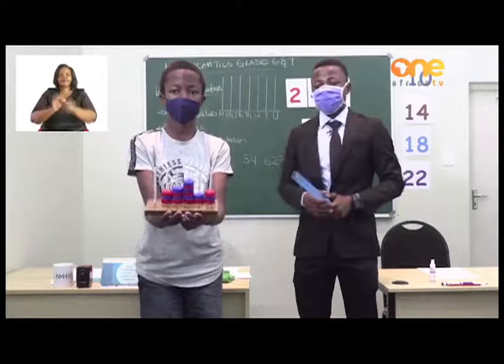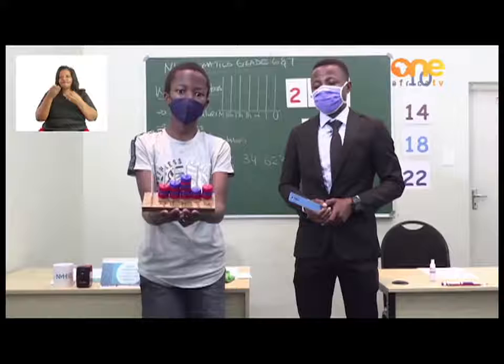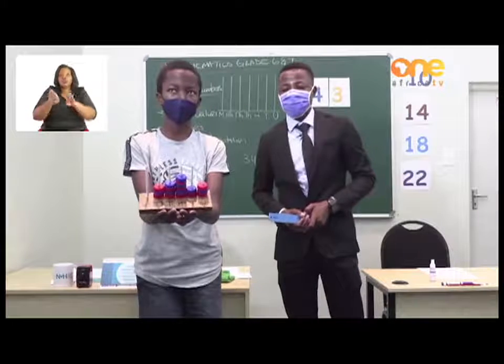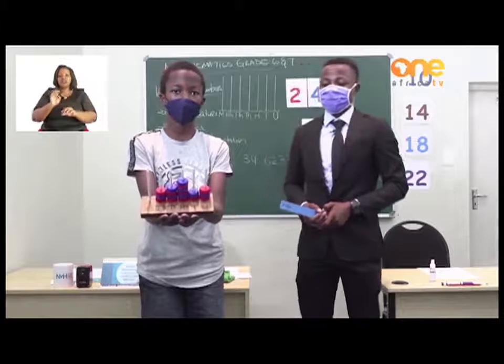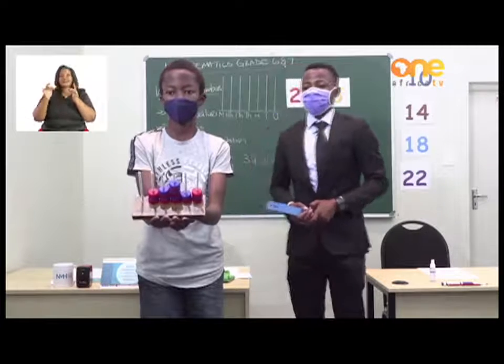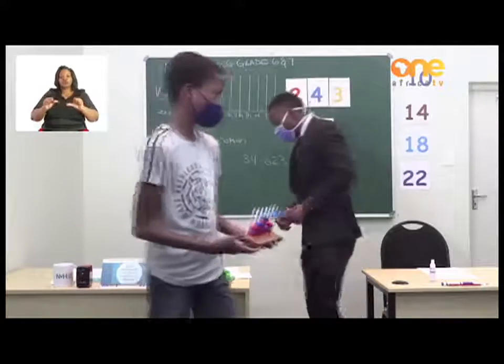So you can make yours and practice as much as you can for you to understand. Do that and at least show your teacher what you have done during this e-learning. Thank you. Now we have to move to the chalkboard.